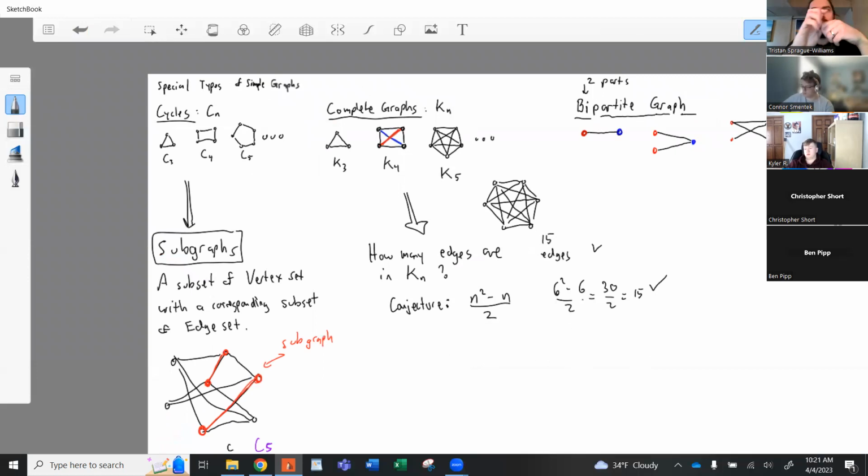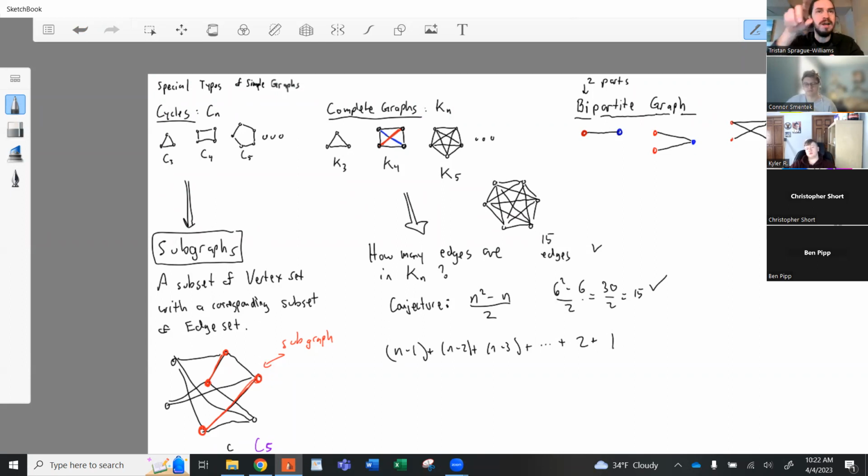You guys had an approach to explaining why this is the answer. I think you said it was n minus 1 plus n minus 2 plus n minus 3 plus all the way down to 1, right?